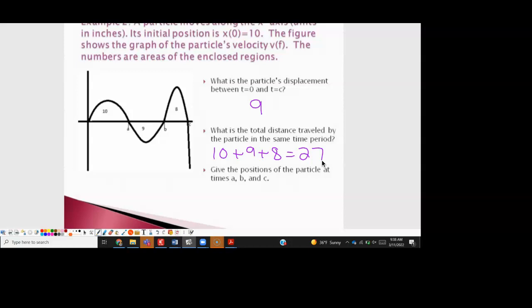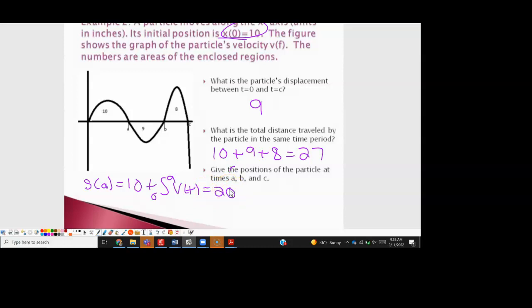But this part is position, so I have to make sure everything is initial plus the area. So for A, S of A is equal to 10, because that's the initial, plus the area from 0 to A, which is 10, so it's at 20. Now, B equals 20.